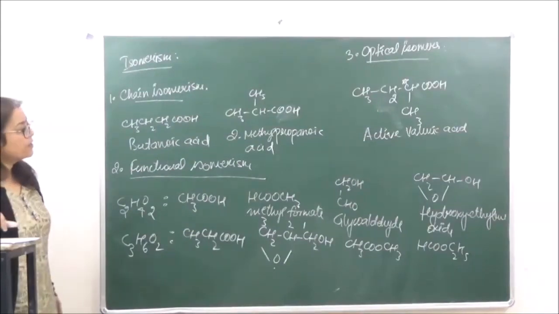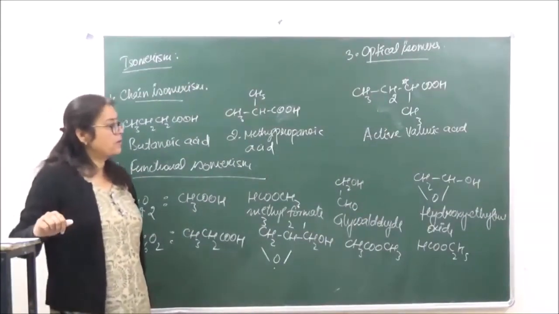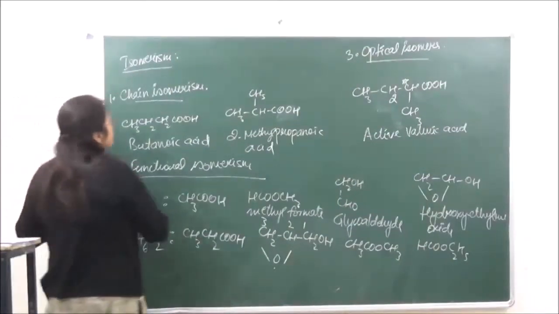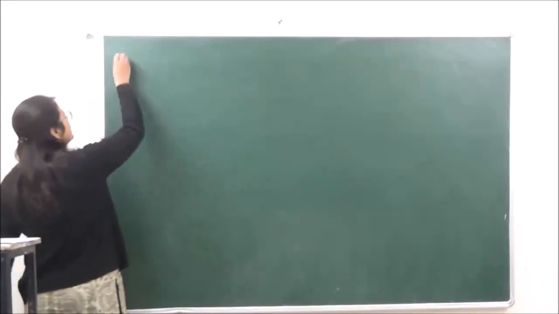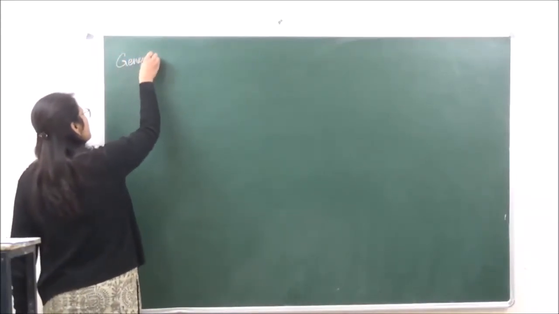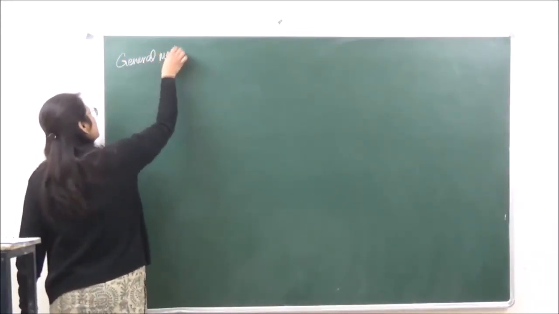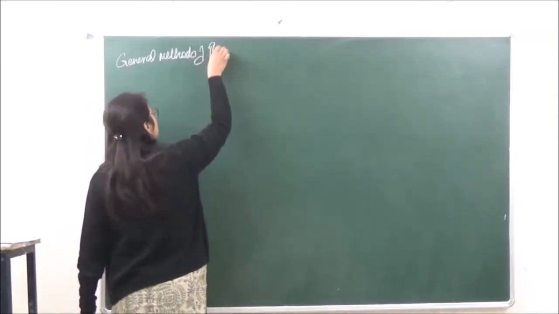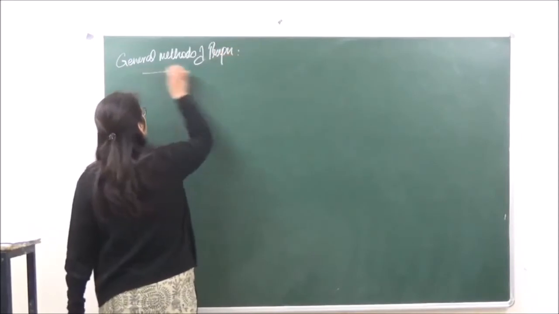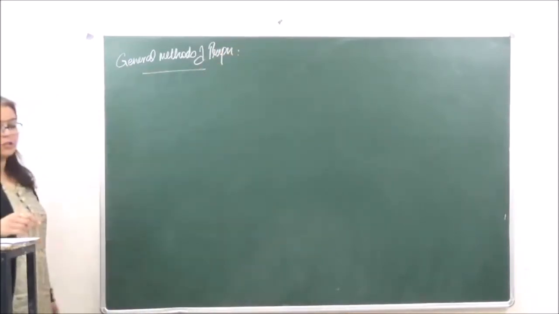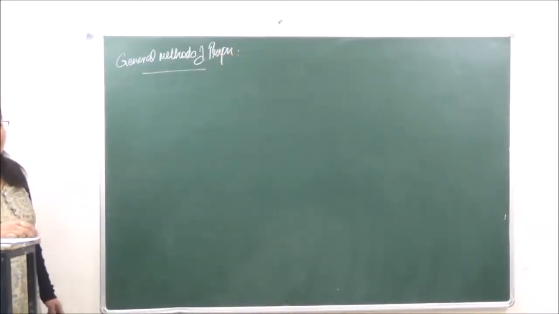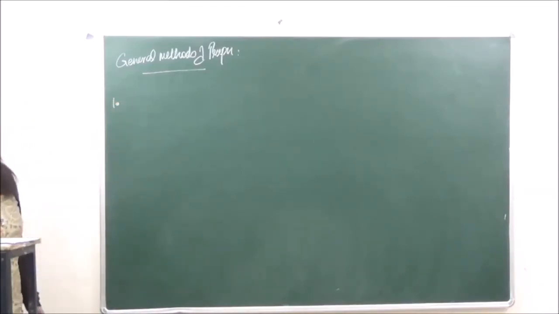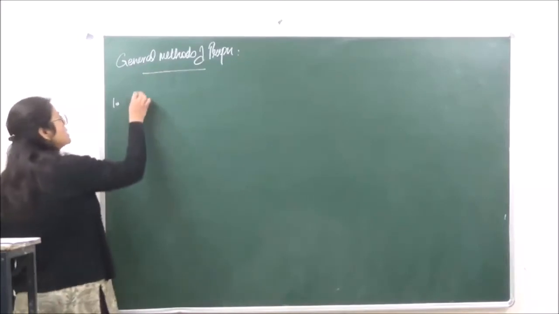So this is a general introduction of carboxylic acids which we've done. Let's go on to methods of preparation of carboxylic acids. The first one we have already discussed in aldehydes and ketones, that is oxidation of alcohols.